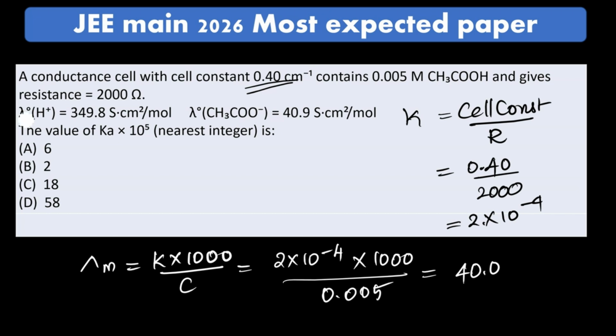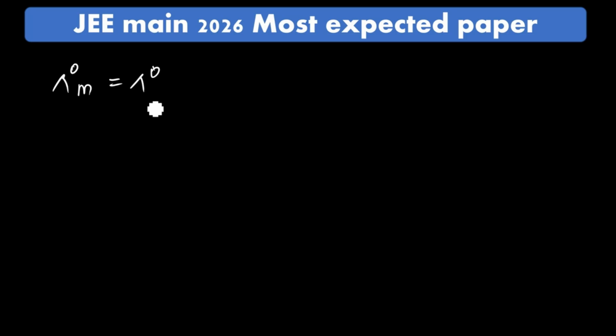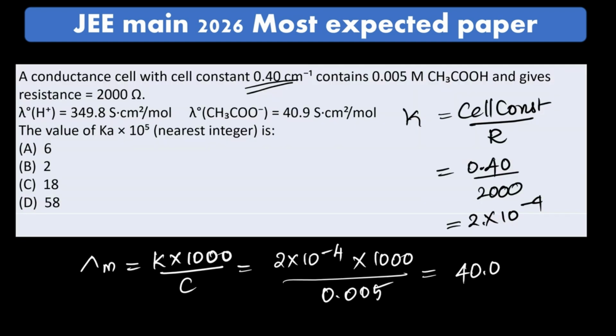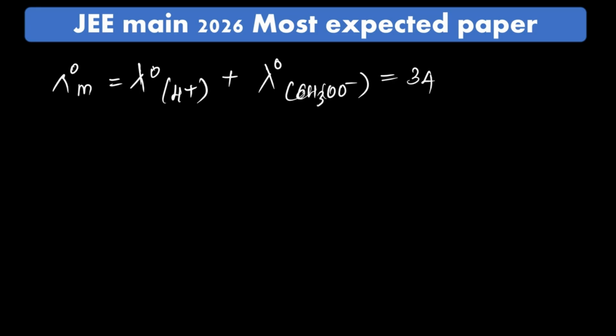So for acetic acid, lambda naught values are given as H plus is this much and acetate ions are this much. Sometimes they won't be giving the value, they will give you the ions associated with that, so that you have to do this Kohlrausch law relationship to find out the answer. Okay, that we can expect. So here we have lambda naught of H plus, lambda naught of acetate, which will give you 349.8 and 40.9.